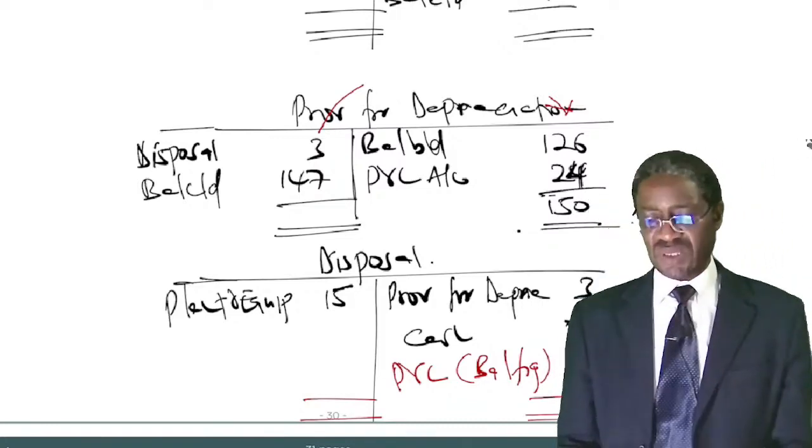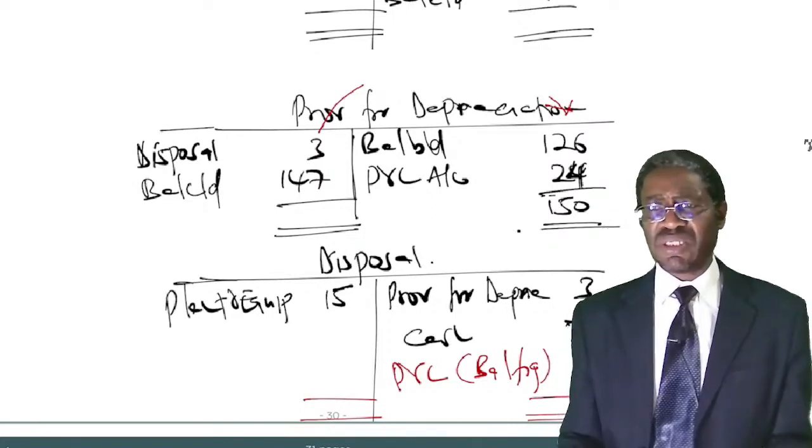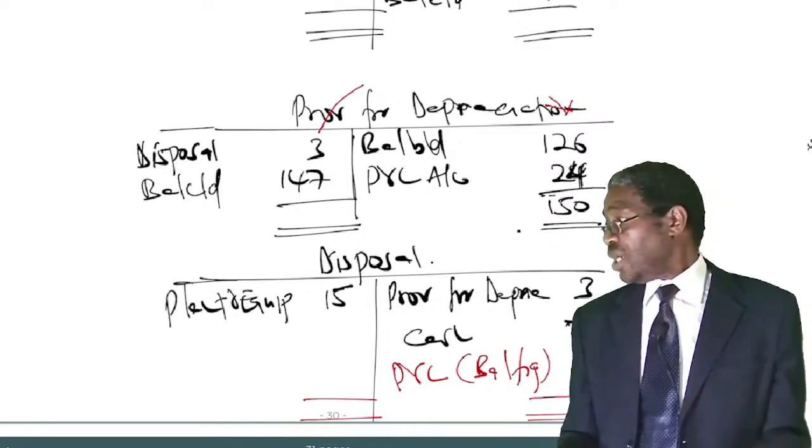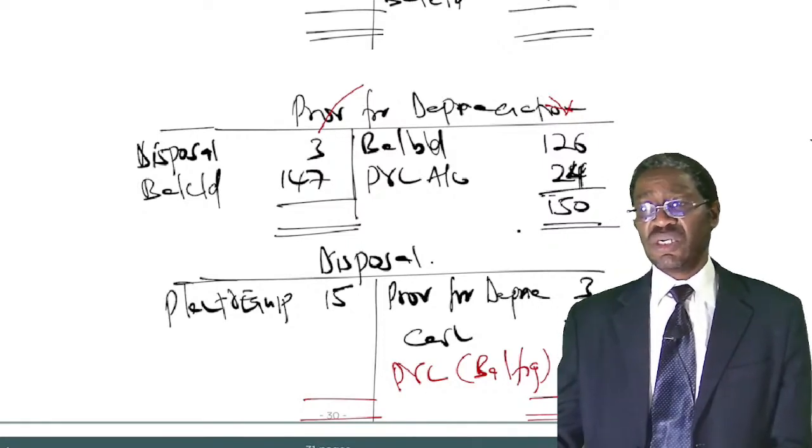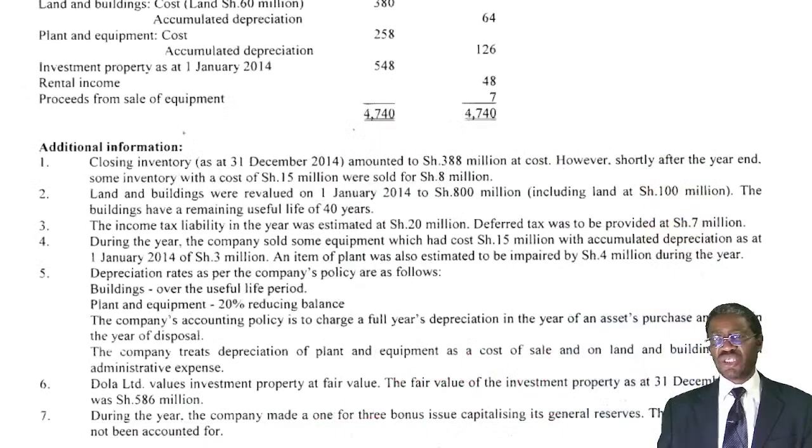Okay. So let's see what note number 6 is about. I don't know whether we shall be able to finish the question. We may not be able to finish it. But let me see what note number 6 is about. That one I can explain. Good.